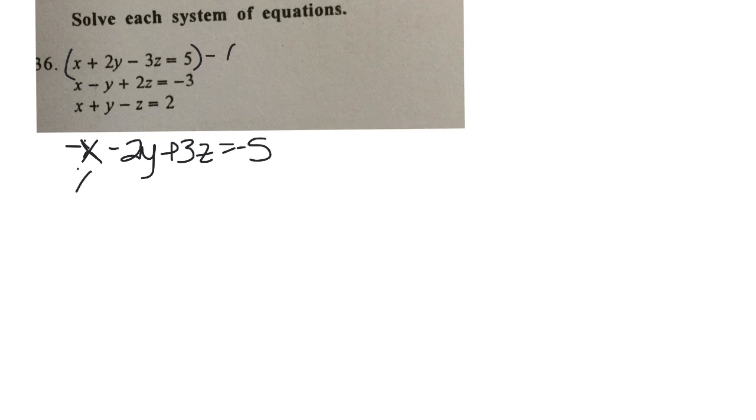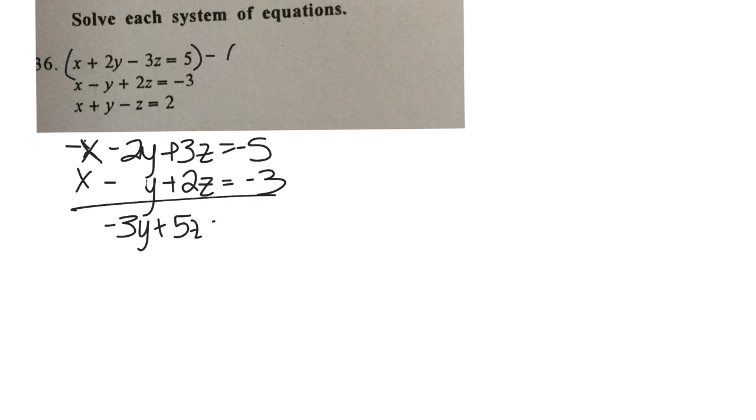I'm going to add that to the second equation, x minus y plus 2z equals negative 3. And I get, wait, that's not a 2y. It's just a y. So I get negative 3y plus 5z equals negative 8.